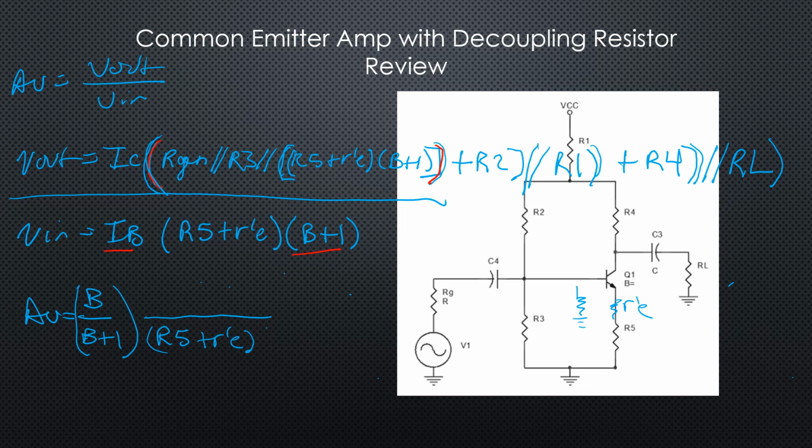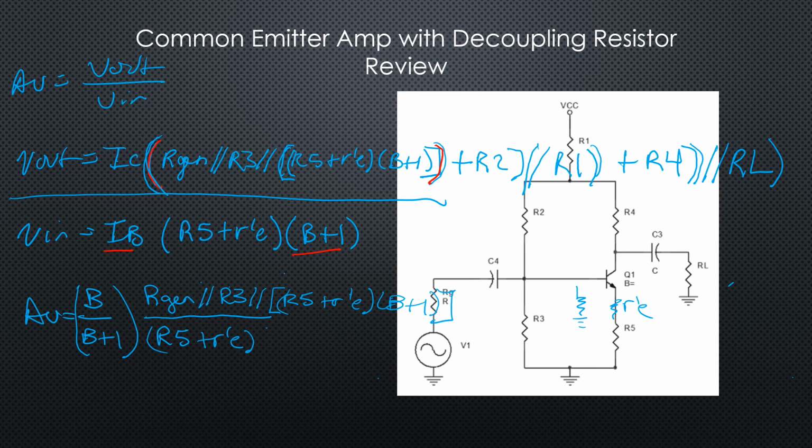The numerator is going to be the Rgen parallel with R3 and parallel with R5 plus R'(E) times beta plus 1.